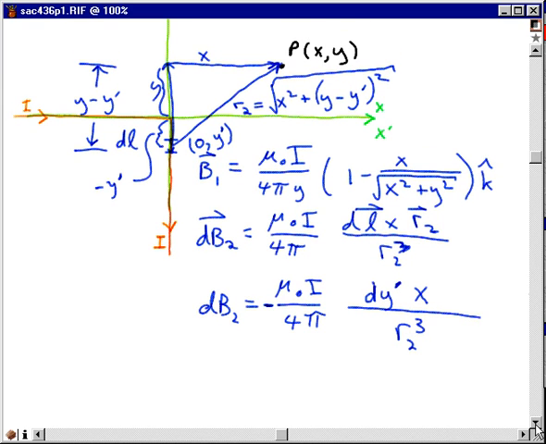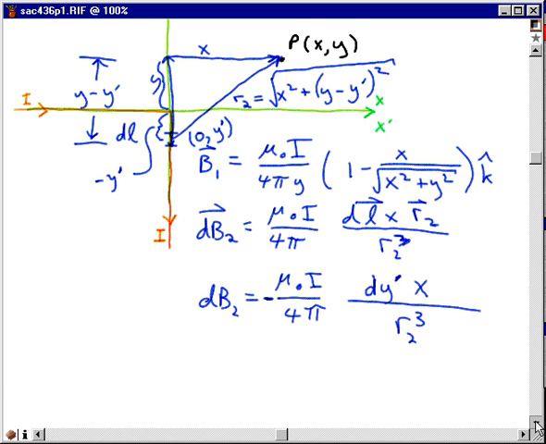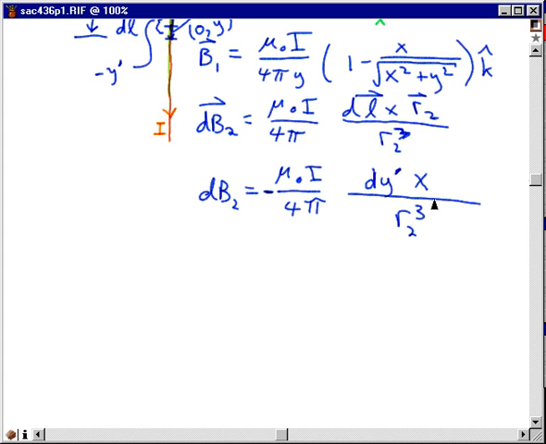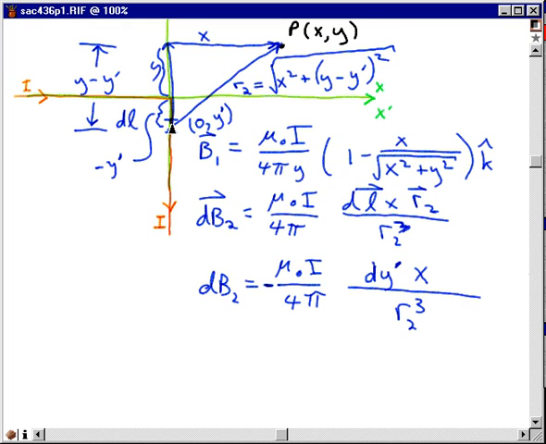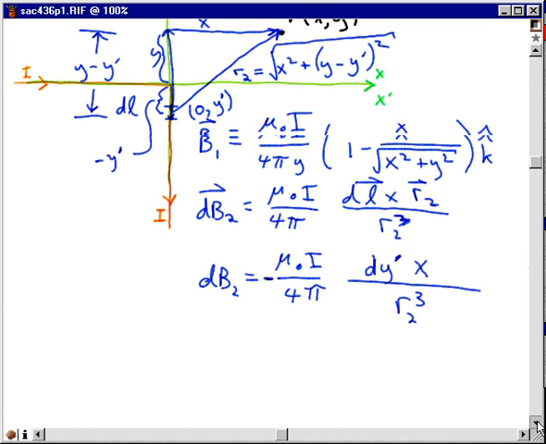So let's take a look at this where we let the math actually do the work for us in terms of direction. So I'm saying this is the component or the contribution to the magnetic field at point P due to this tiny little wire segment carrying a current I in the negative y prime direction.